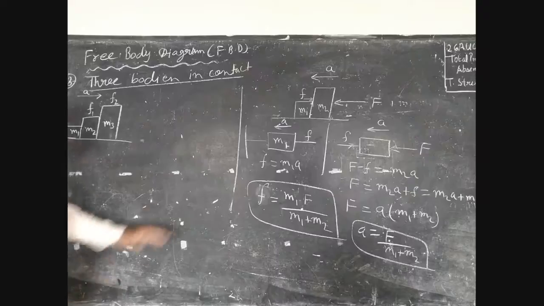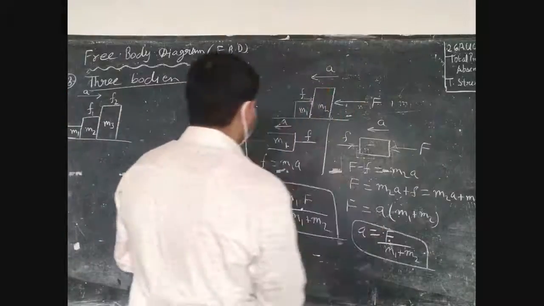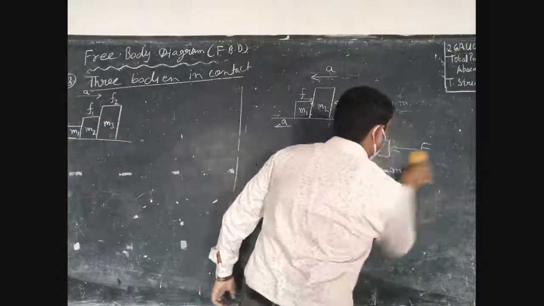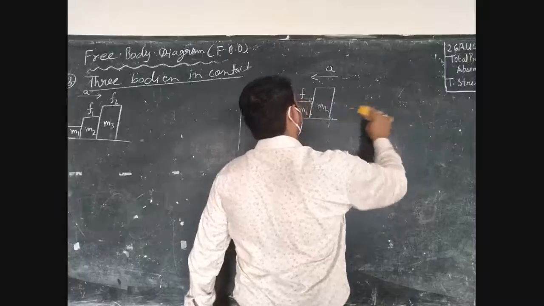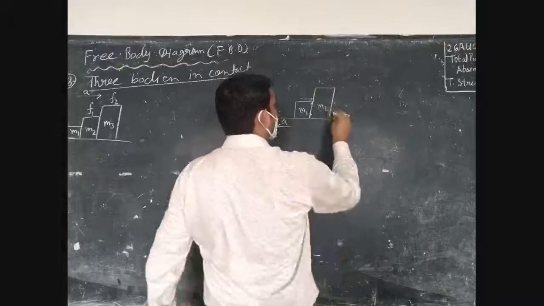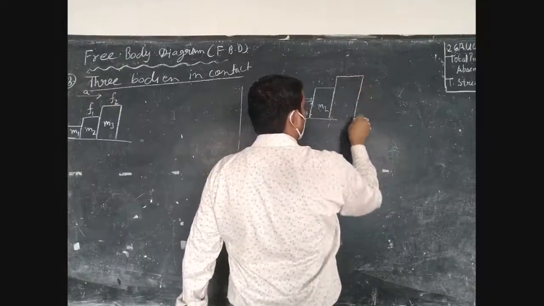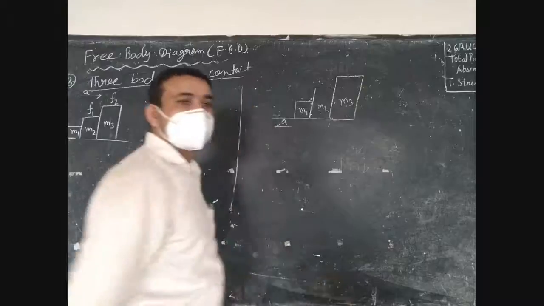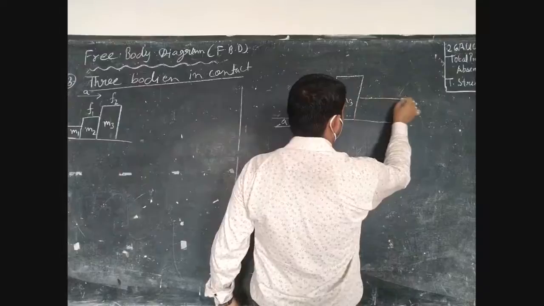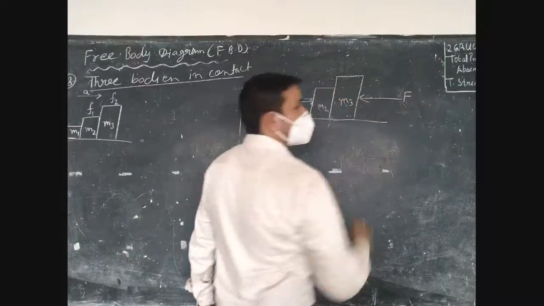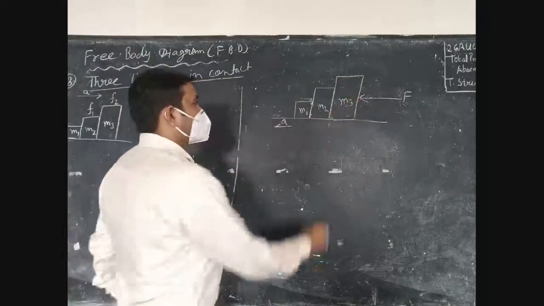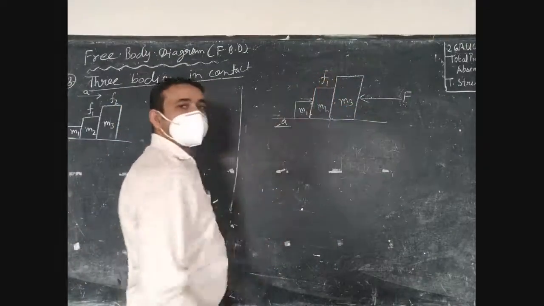Understood? So in the same way, when you make the second situation, one, two and now is F3, and the force applied from the bigger block. Then the two system opposing this applied force with a force F1.